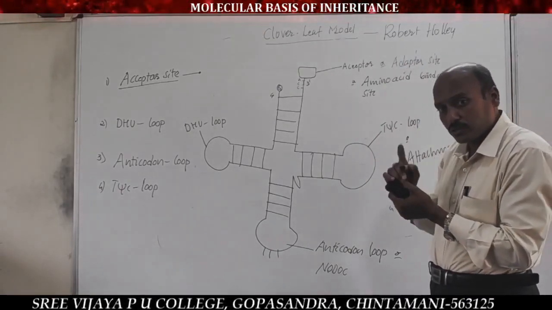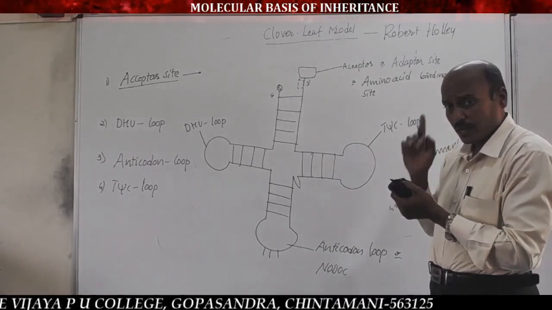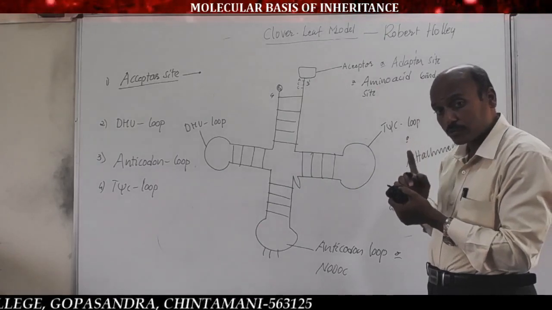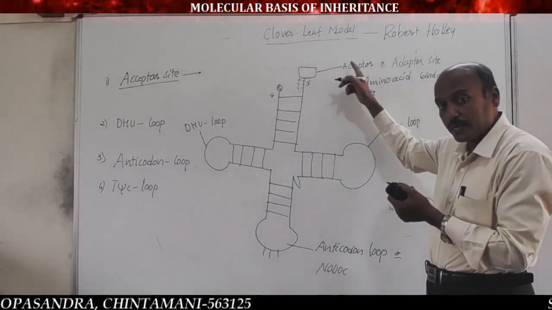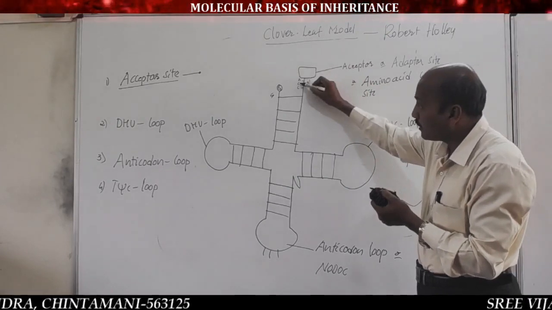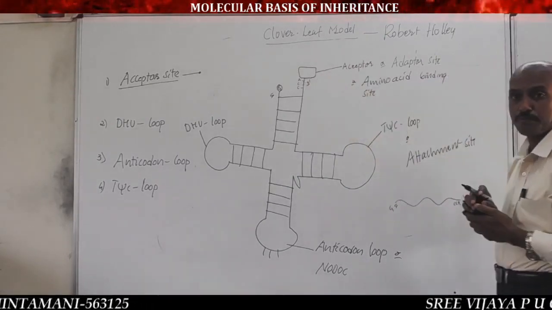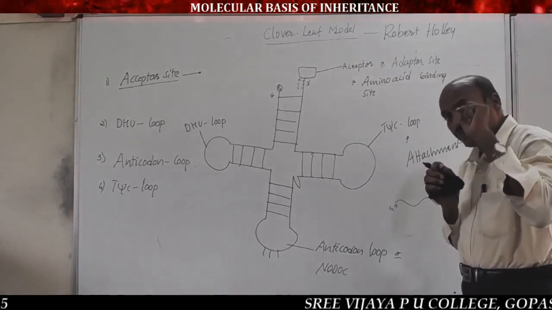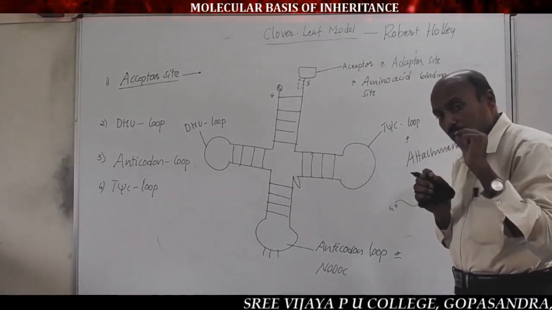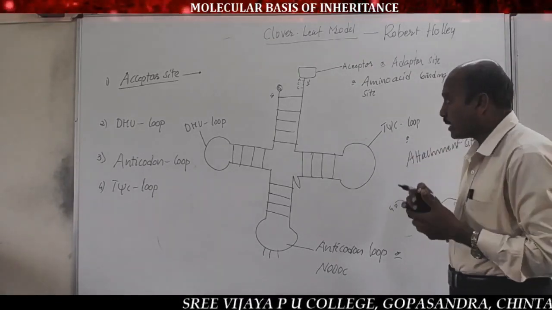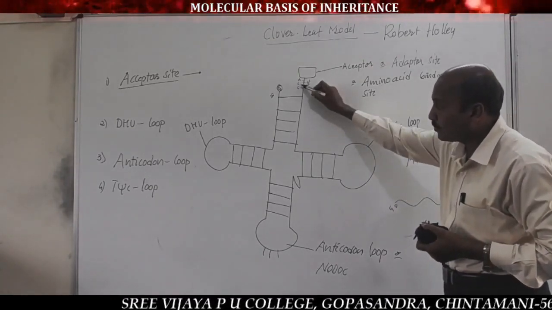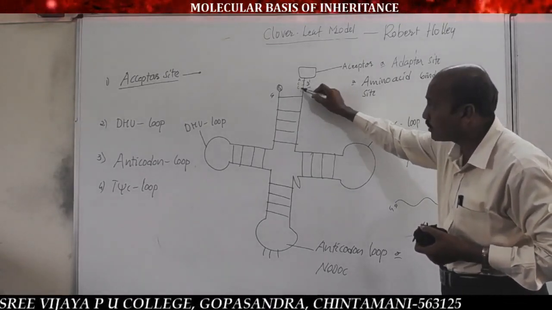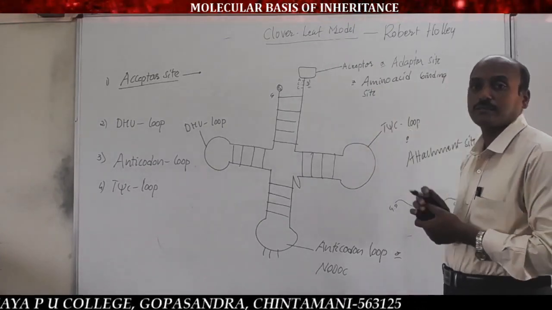The first nucleotide of the clover leaf model of tRNA closely associated with the bound amino acid is adenine, never cytosine. Do you remember this statement? The nucleotide of the tRNA nearest to the amino acid is the adenine nucleotide, no cytosine, because the 3' end terminates with CCA nucleotides.